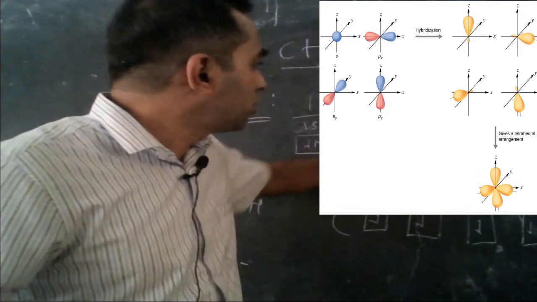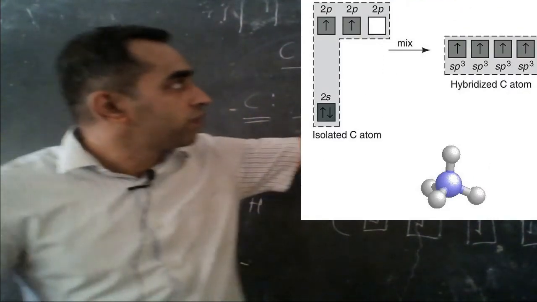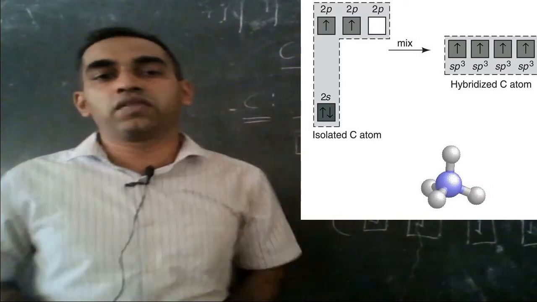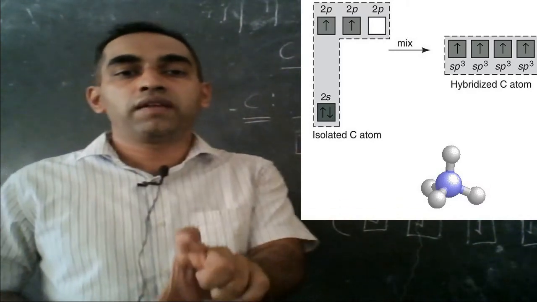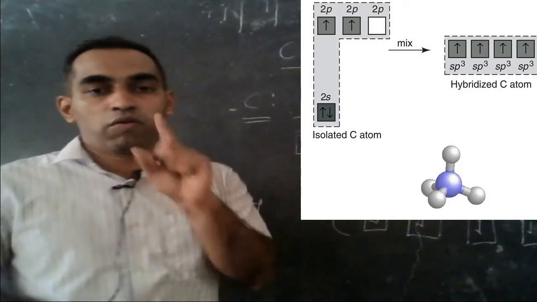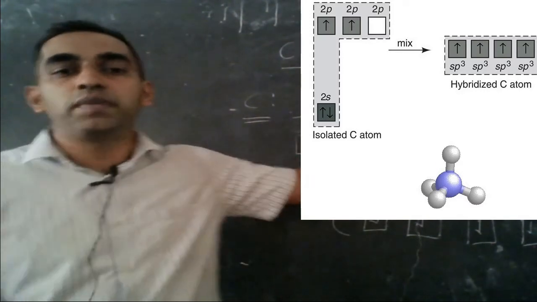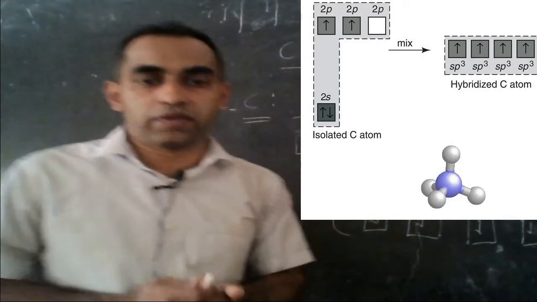So, you will get what? You can see it there. The formation of sp3 hybrid orbitals takes place by mixing 2s and 2p orbitals. One 2s orbital and three 2p orbitals will give you 4 hybrid sp3 orbitals.